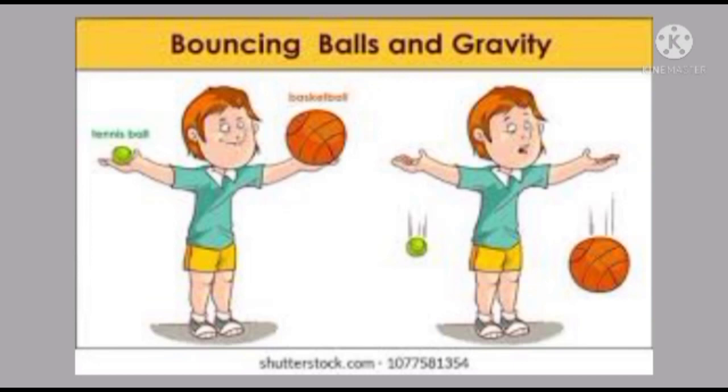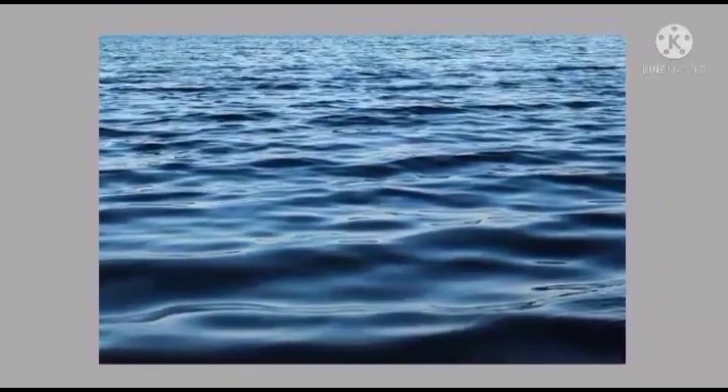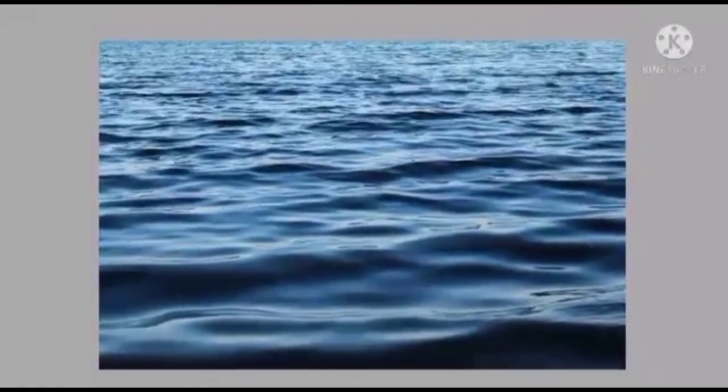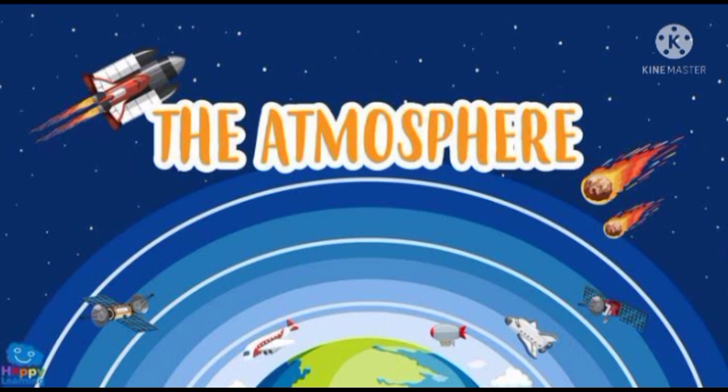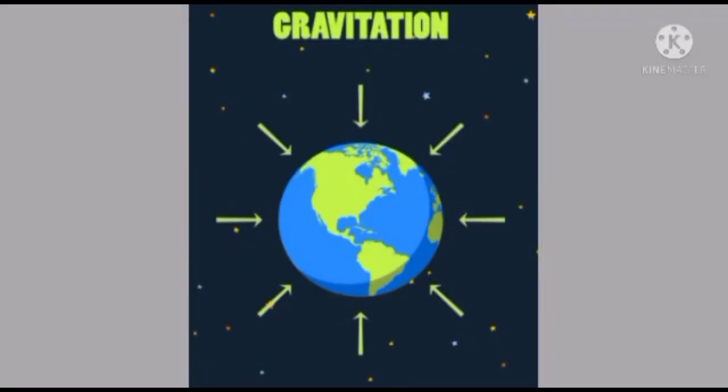I ask some questions. Why does a stone thrown up into the sky fall back to the earth? Why do rivers flow down to the sea? How does the earth hold the atmosphere? Is there any force pulling the objects towards earth?